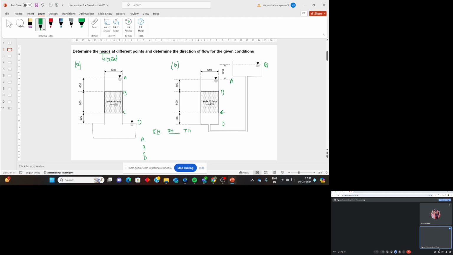Now let us determine the heads at different points. First, for determining elevation head, we need to fix the datum. Let us consider this point as datum.